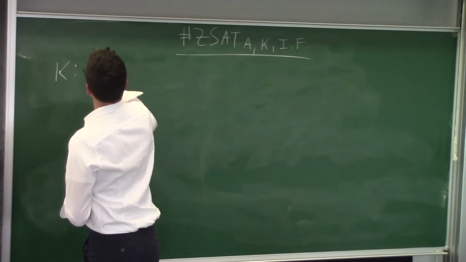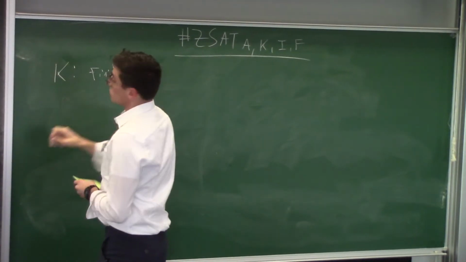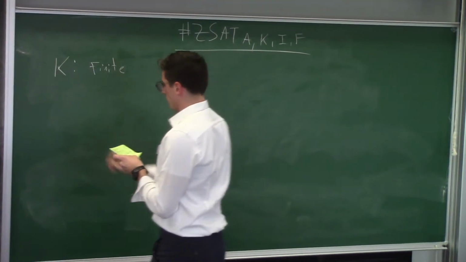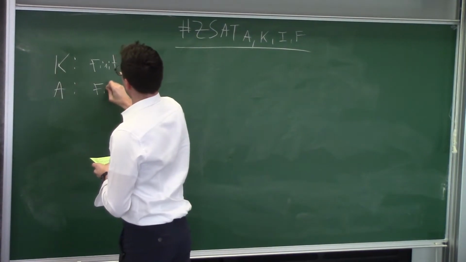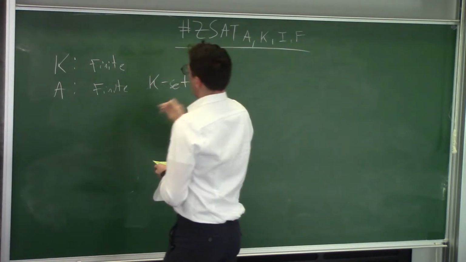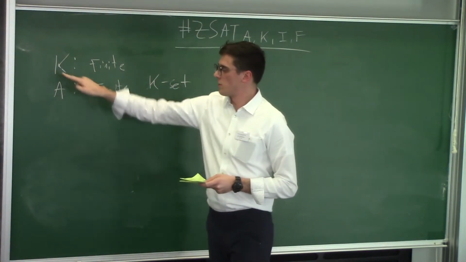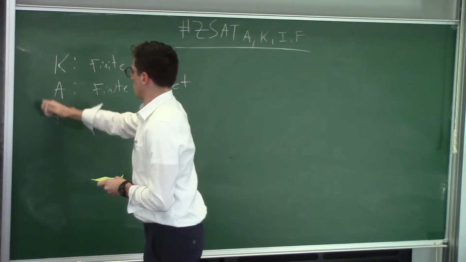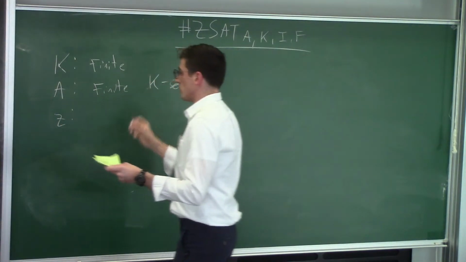So we have a finite group K. This will be the automorphism group of G later. We have a finite K-set, and we're going to assume something about this K-set. It's just a technical assumption that is very useful.